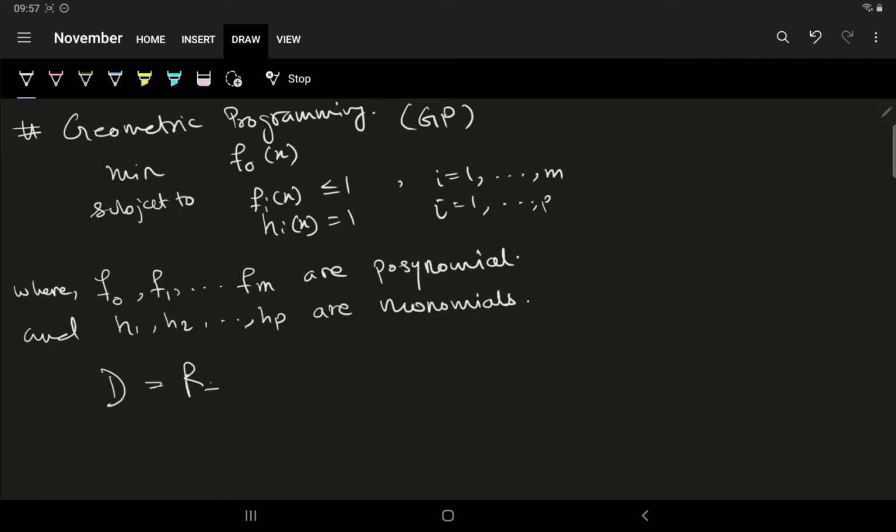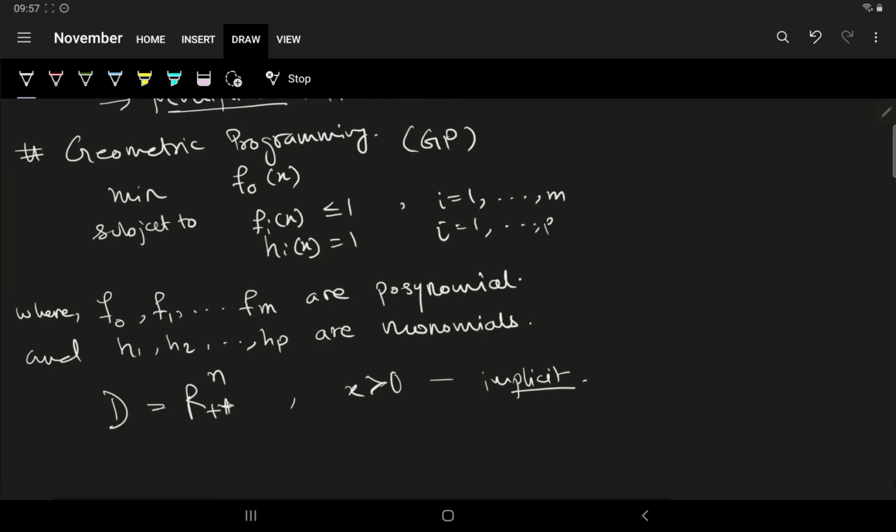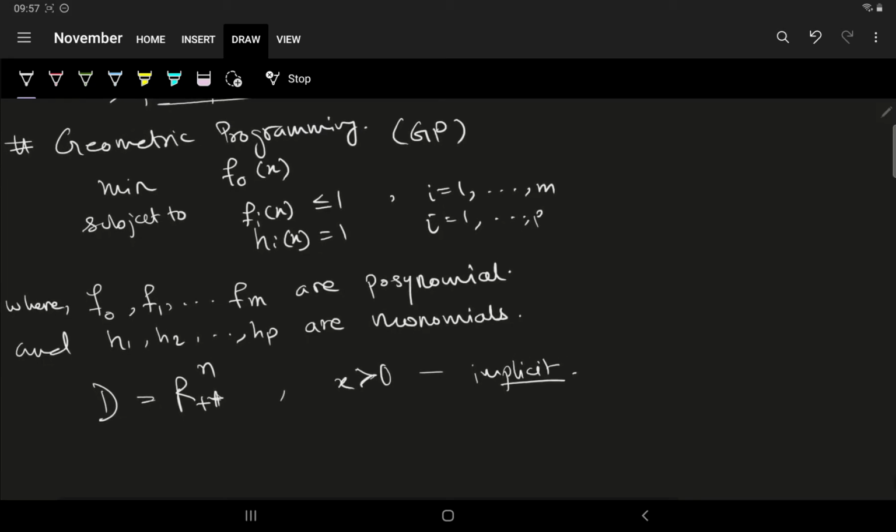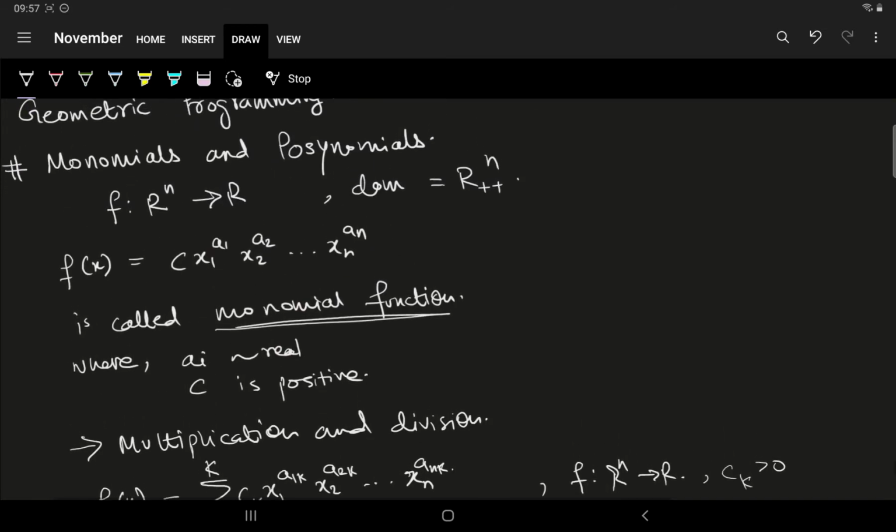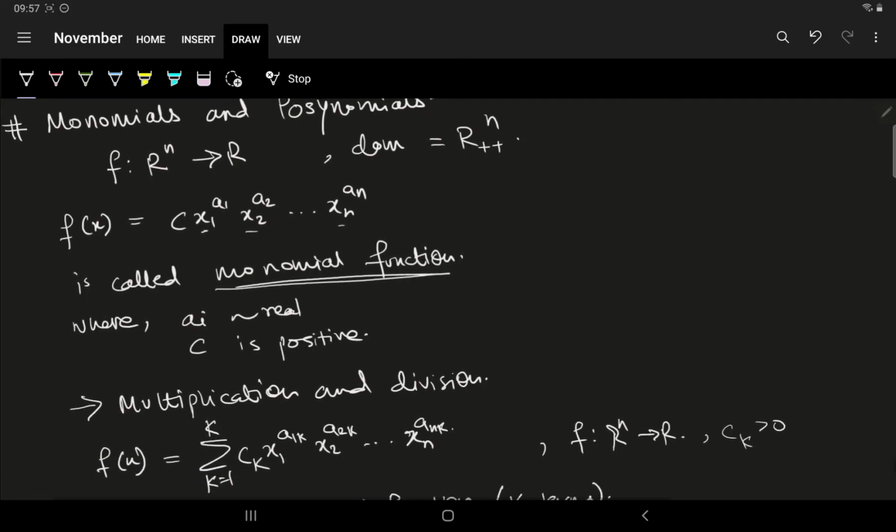The domain is again the positive Rn, where x greater than 0 is implicit, because if any of them are less than 0, then we cannot define this kind of a product.